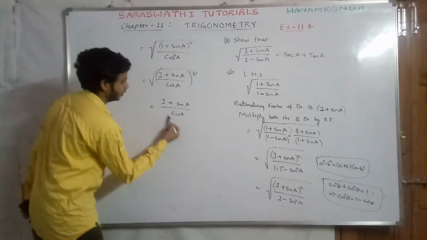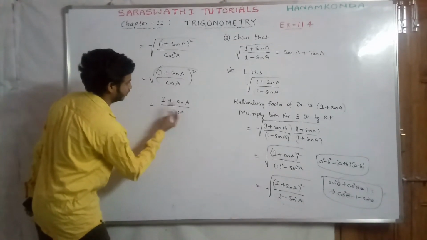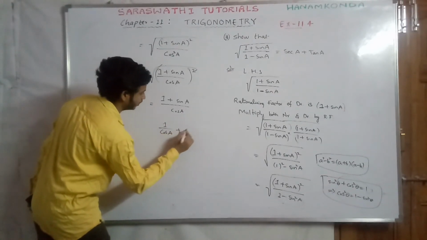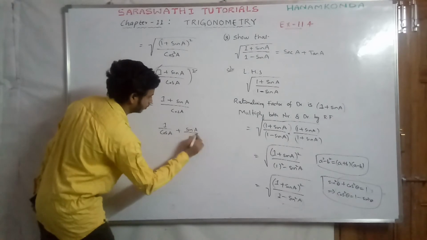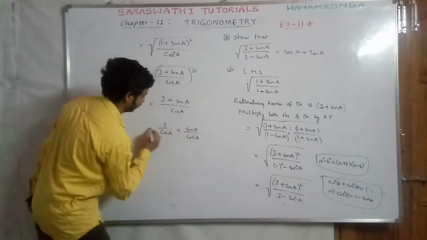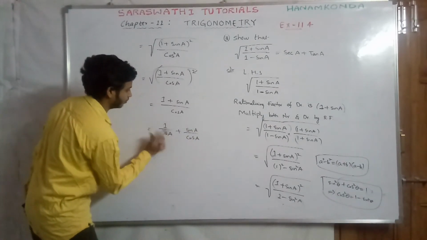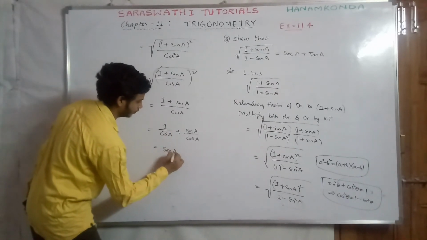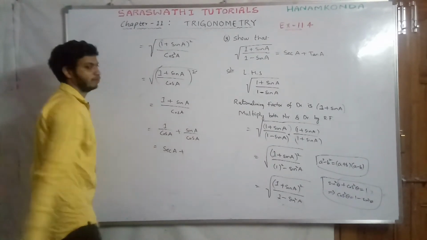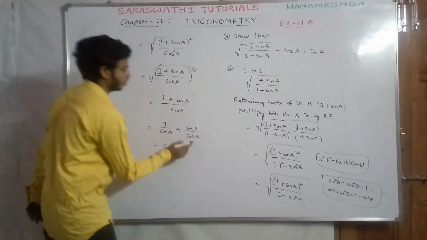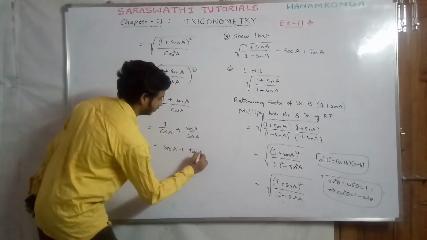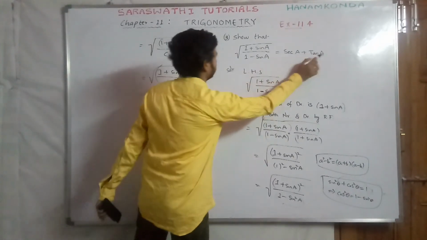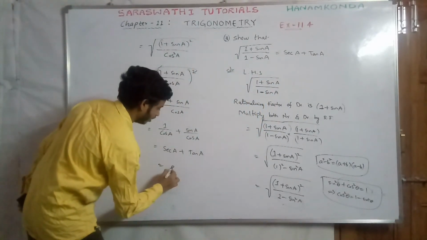Splitting the denominator cos a across both 1 and sin a, it becomes 1 by cos a plus sin a by cos a. We know 1 by cos theta is sec theta, so 1 by cos a is sec a, and sin theta by cos theta is tan theta, so sin a by cos a is tan a. So it equals sec a plus tan a, which is the required RHS.